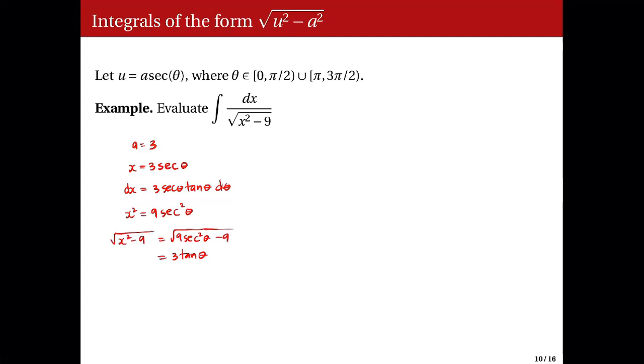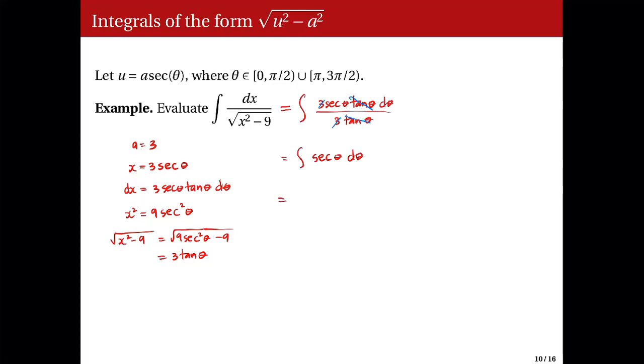Which means you can now write this as an integral of dx, which is 3 secant theta tangent theta d theta, and then the denominator is just 3 tangent theta. As you can see, the 3 will cancel the 3 here, and tangent will also be cancelled. So you'll just have the integral of secant theta d theta.